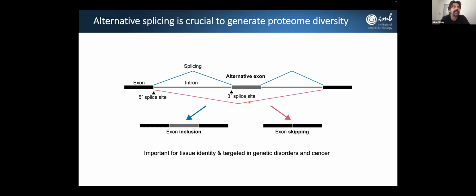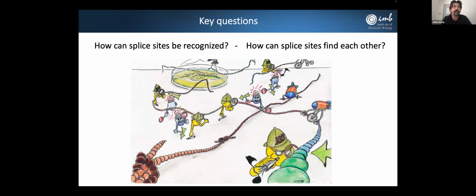This is very important, for example, for generating tissue identity, but it's also often targeted in genetic disorders and in particular in cancer. And this is why we want to contribute to the understanding of this process.